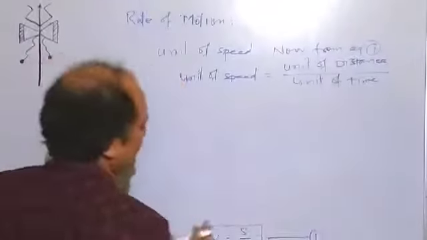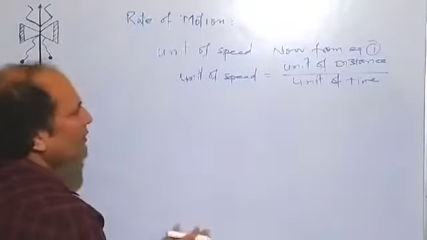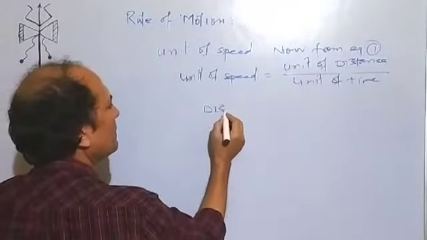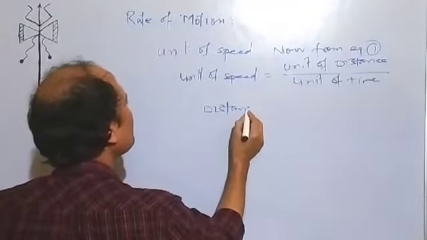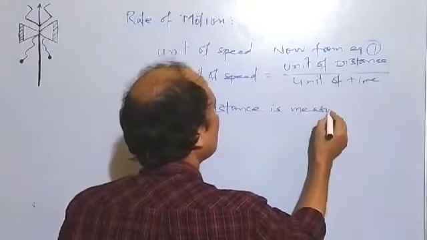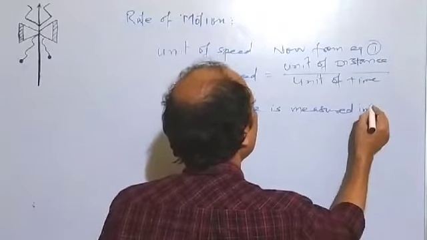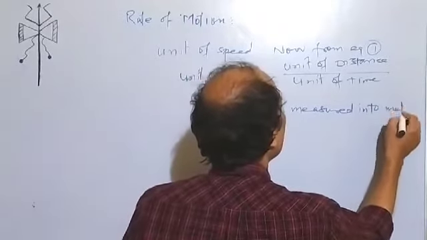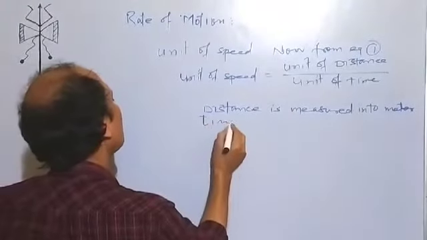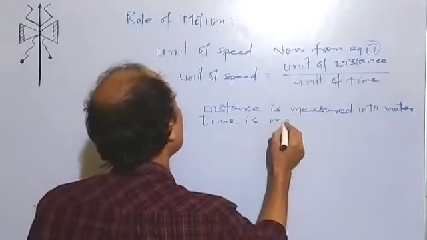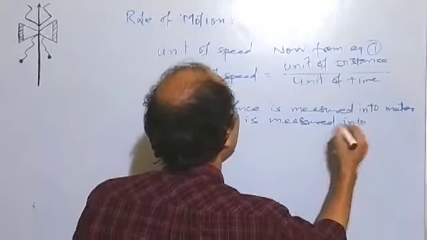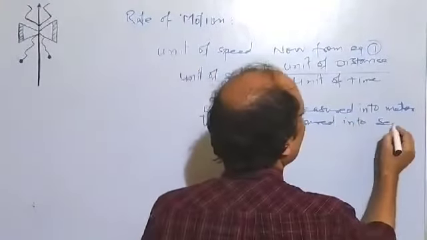Now, unit of distance: distance is measured in meter. Time is measured in second.